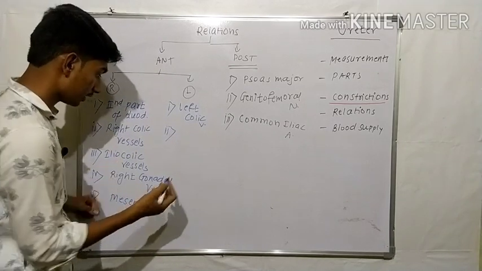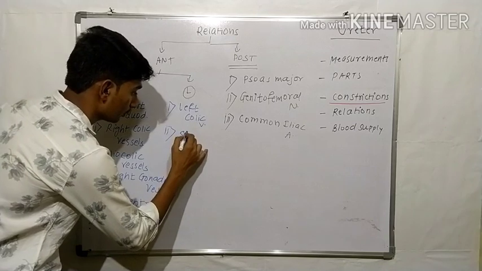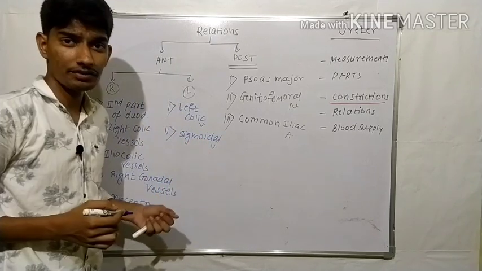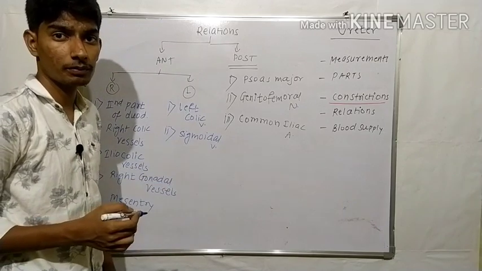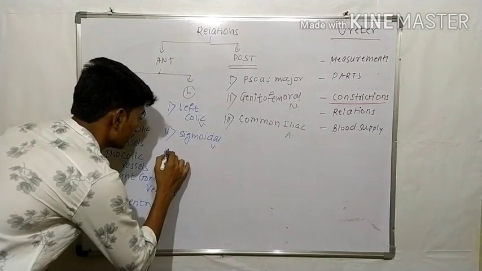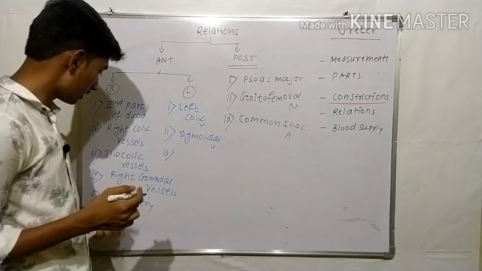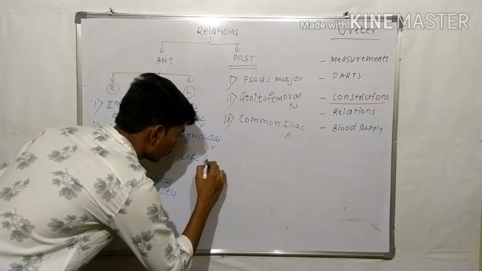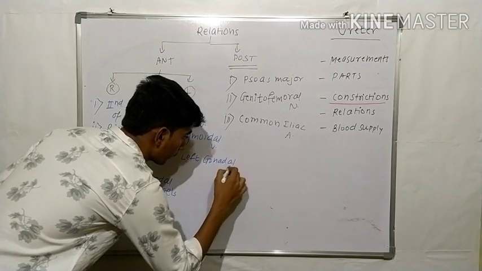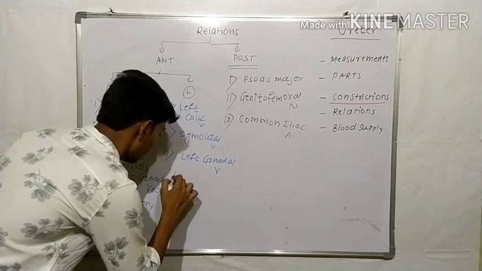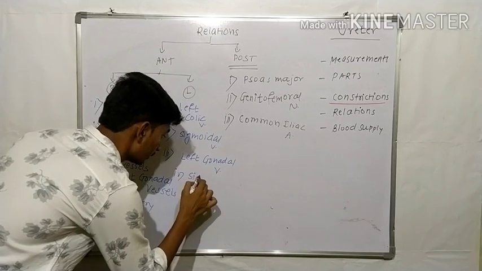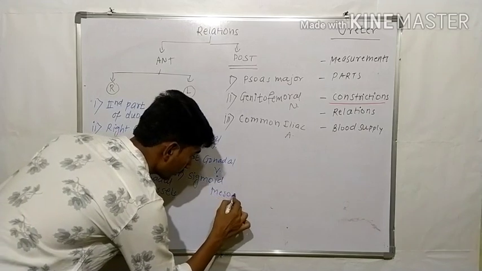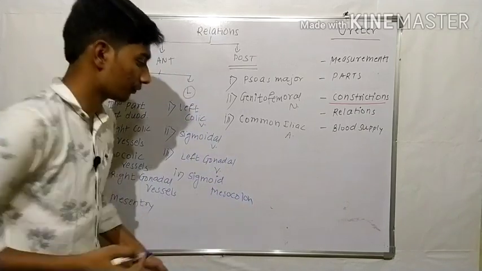Then it is related to sigmoidal vessels, as we have studied this in blood supply of abdomen; these are the branches of inferior mesenteric artery. Then left gonadal vessel, and fourth is sigmoid mesocolon.